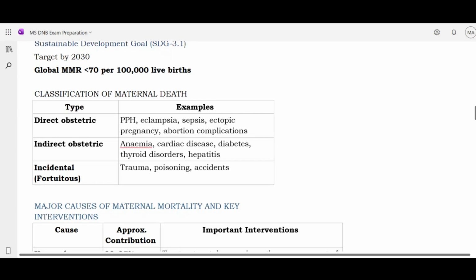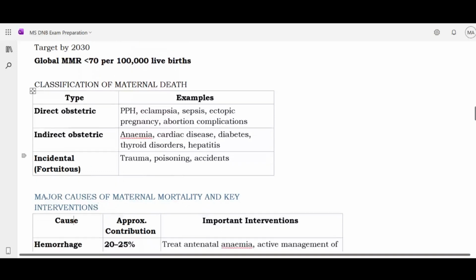Incidental causes are such as trauma, poisoning, accidents. By definition maternal death will be either direct or indirect. These incidental causes are not included in the definition of maternal death. They will be included in pregnancy related death.